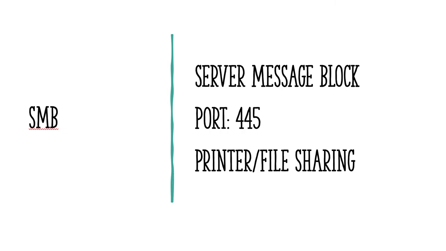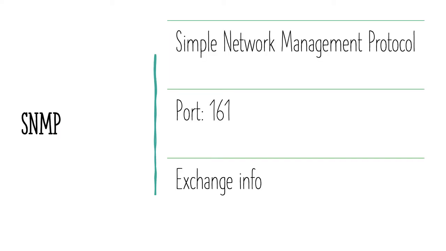SMB, which stands for Server Message Block, uses port 445 for file or printer sharing and many more use cases. SNMP, which stands for Simple Network Management Protocol, uses port 161. Using SNMP allows different network devices to exchange information, such as status information or configuration.